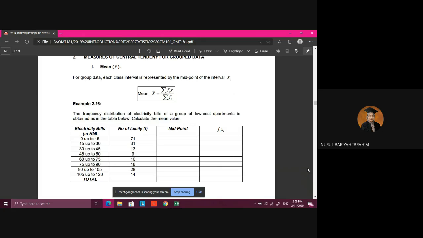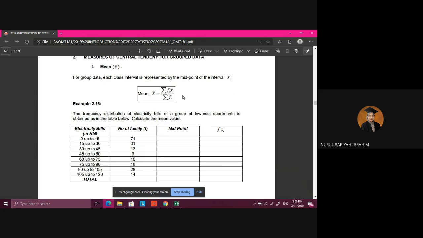To calculate the mean, this is the formula. So to calculate the mean, median, and mode for group data, we will have the formulas that you need to memorize and know how to use to get the value of mean, median, and mode.